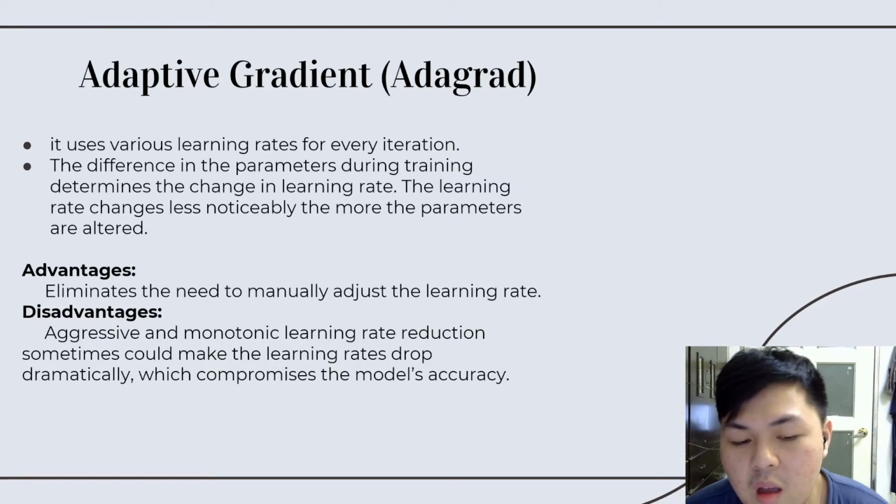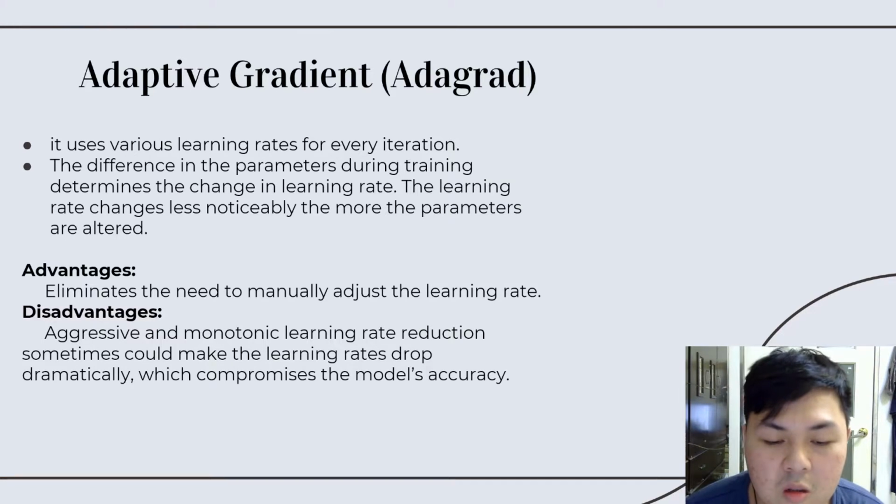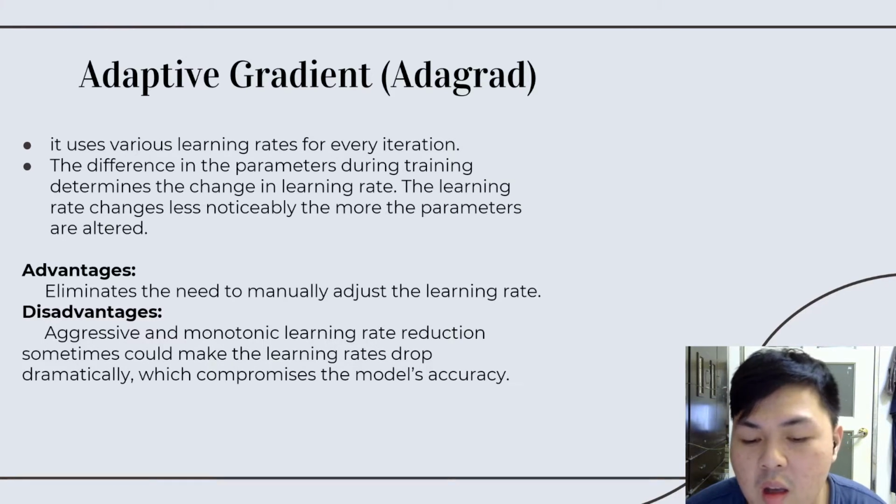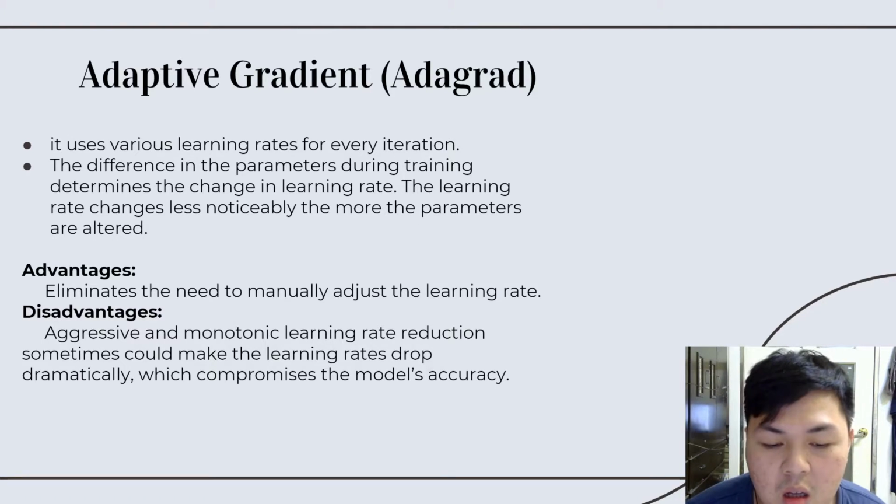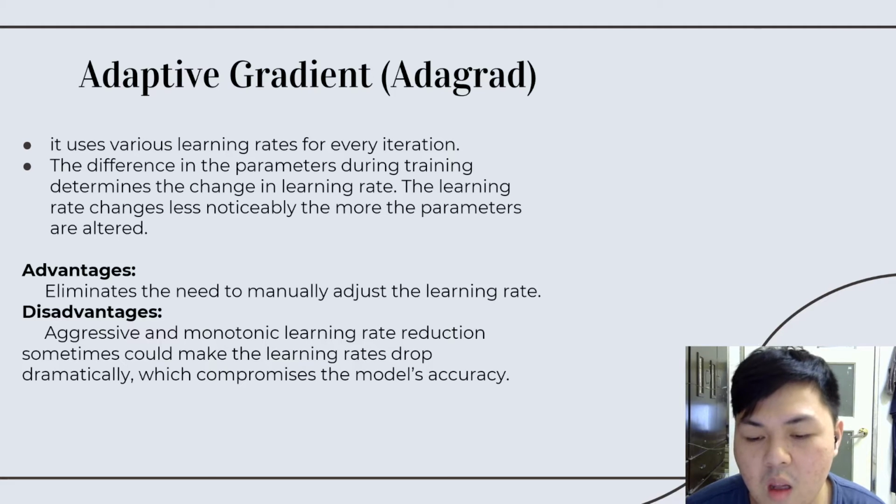In real-world datasets that include both dense and sparse features, this change is very advantageous, and therefore having the same learning rates for all traits is unfair.